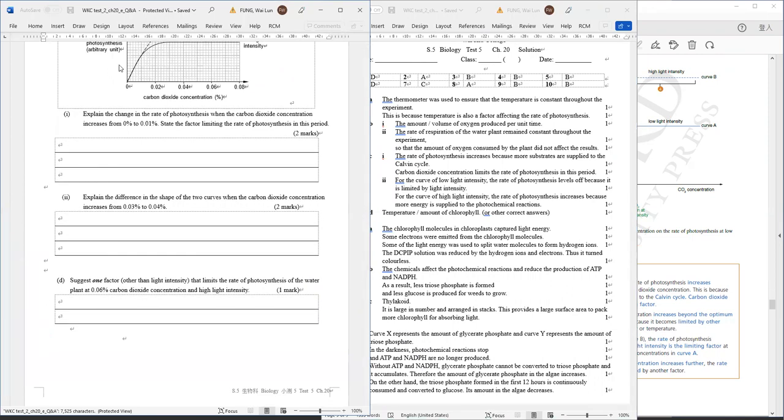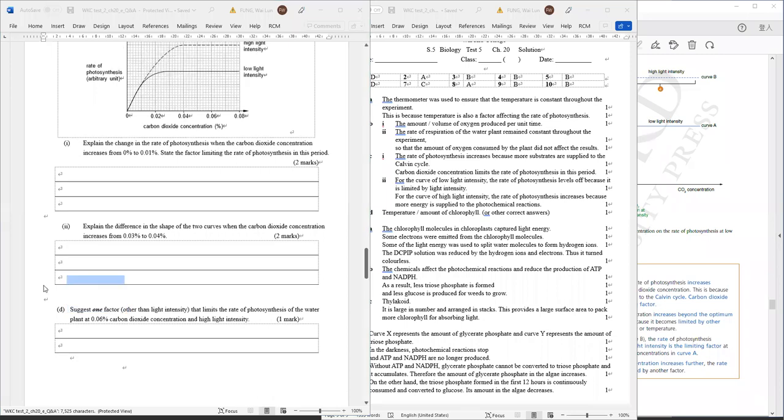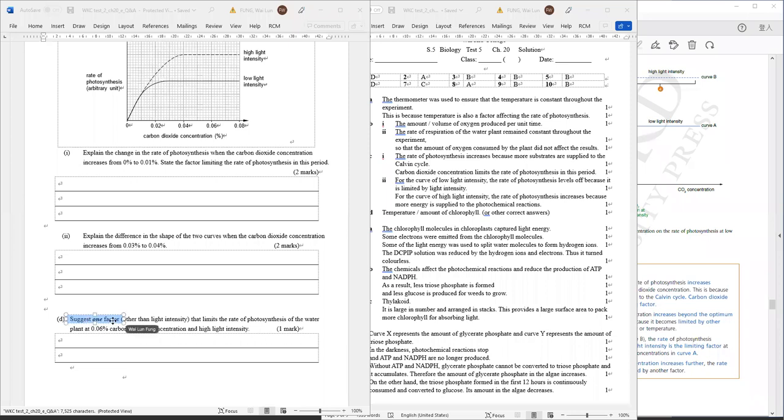Last one, part D. Suggest one factor that you know other than light intensity that is limiting the rate of photosynthesis. Okay, at high light intensity level, at high carbon dioxide concentration, so you have sufficient CO2 and also sufficient light.